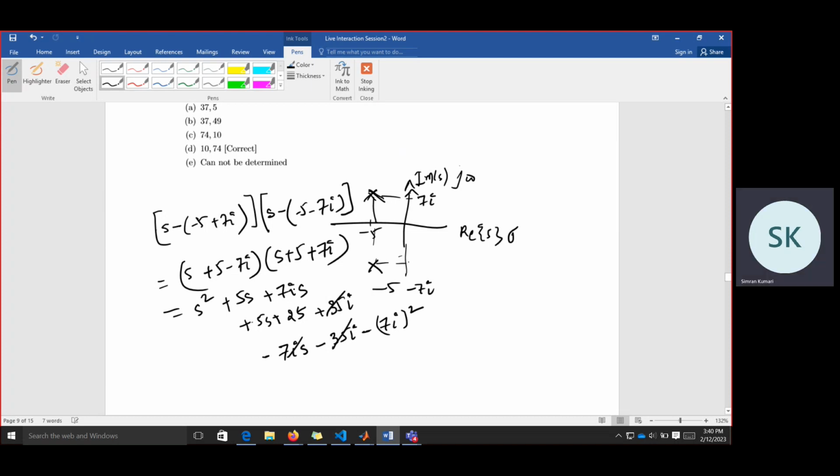So these two will cancel out, and what we get is s square plus 10s minus 7i square. So i squared is minus 1, so this will be plus, and 7 square is 49, no? Plus 25.